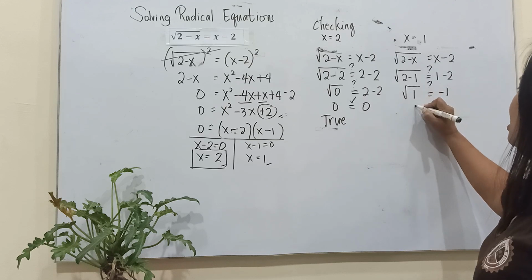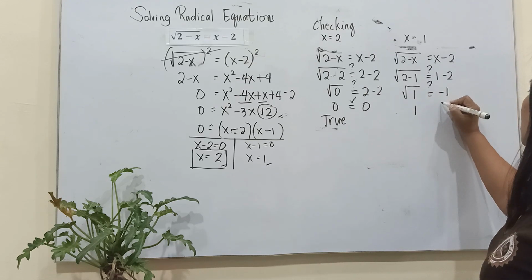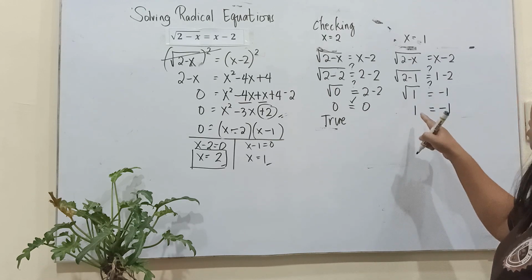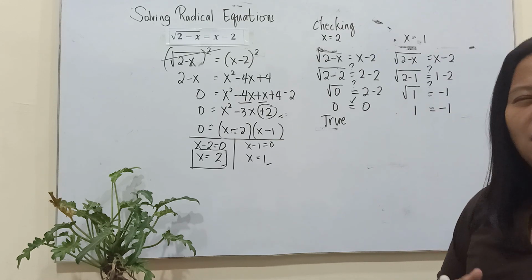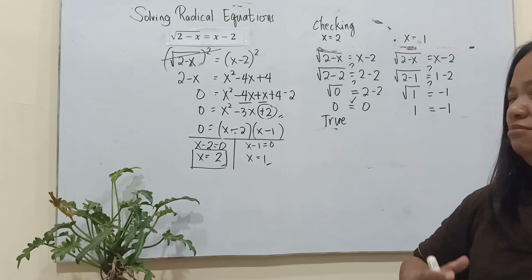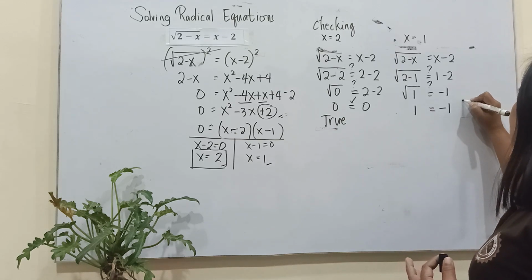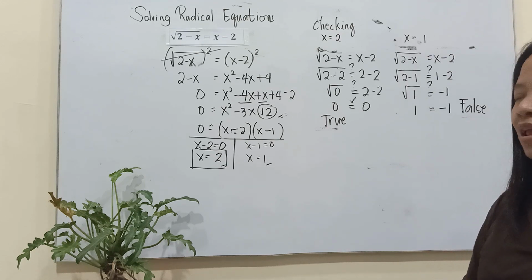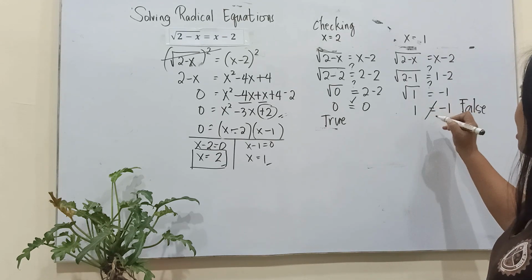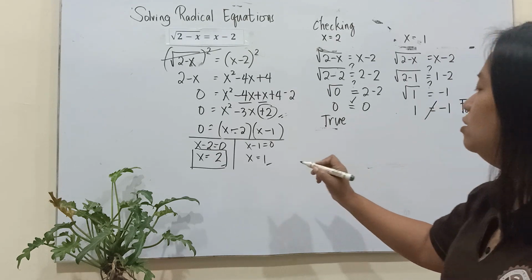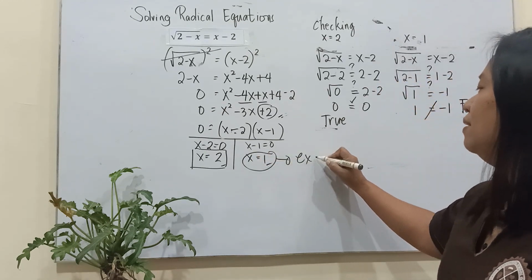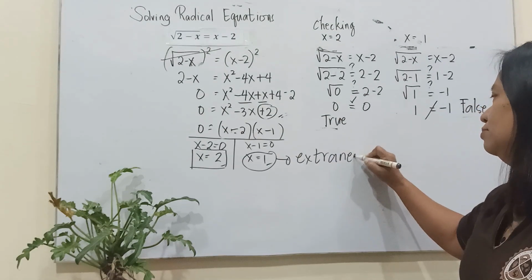So square root of 1 is 1, which, on the other side, is negative 1. 1 equals negative 1. Is it a true statement? They are not equal. Therefore, it results to a false statement. So, since 1 is not equal to negative 1, we consider x equals 1 as an extraneous root.